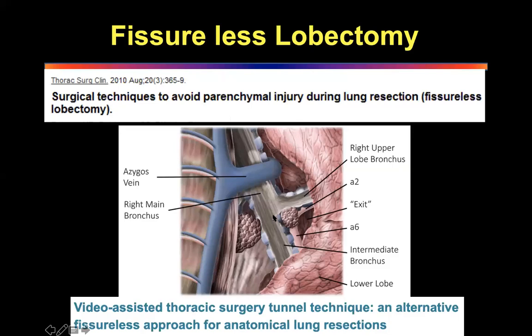This is the technique of doing a fissure-less lobectomy, where you go at the back of the hilum or the front of the hilum. So if you're doing a right upper lobectomy at the back of the hilum, you start with the bronchus, and then you go structure by structure as you get in, and you make tunnels outside the lung. So you're not touching the lung at all. All the dissection happens in this area. The artery, vein, bronchus, everything gets taken in this area.